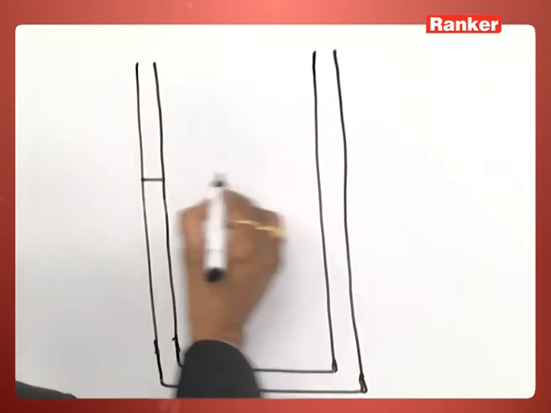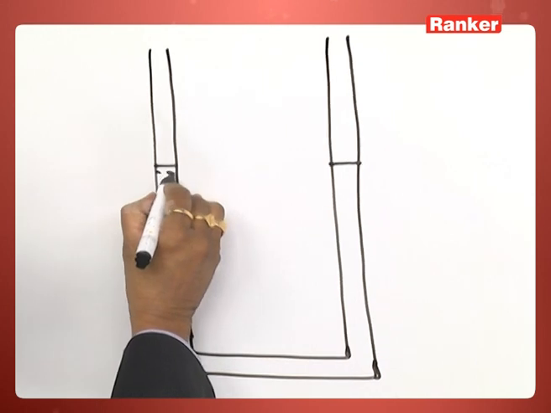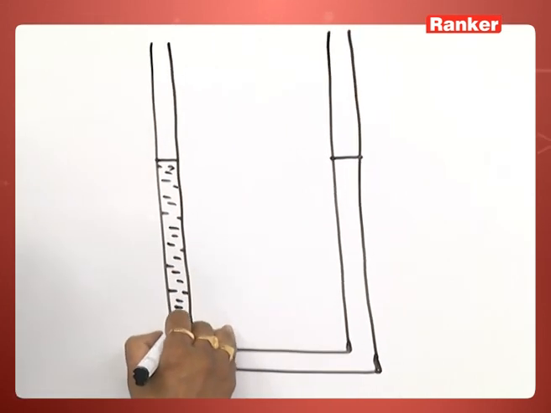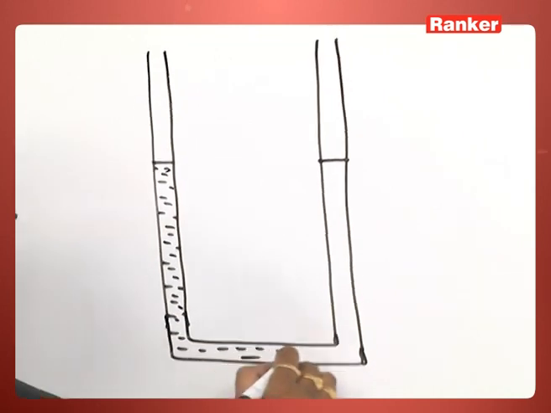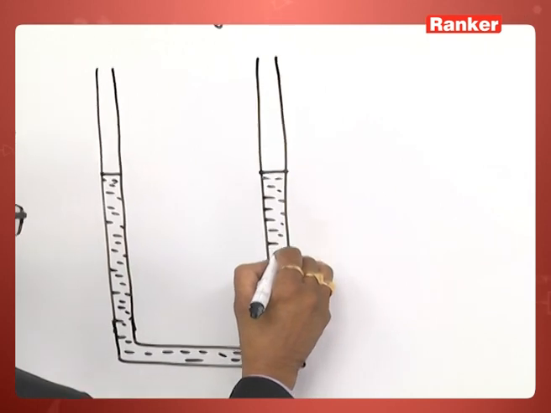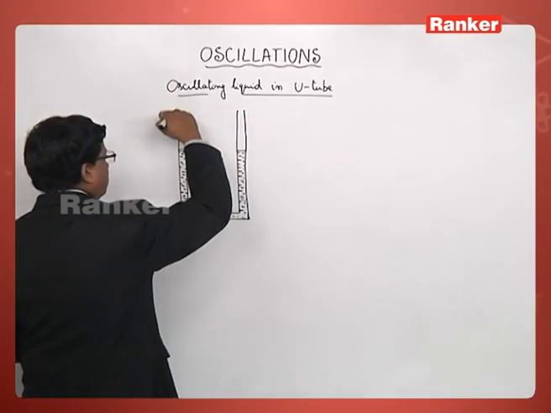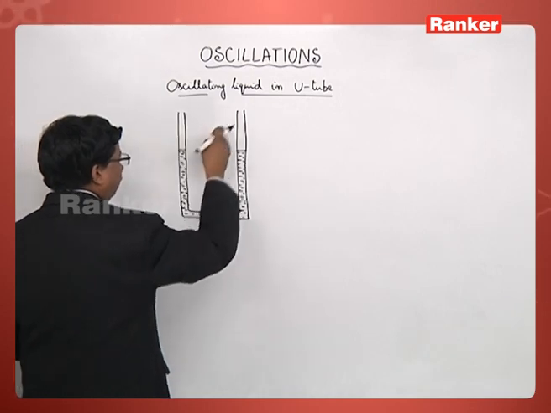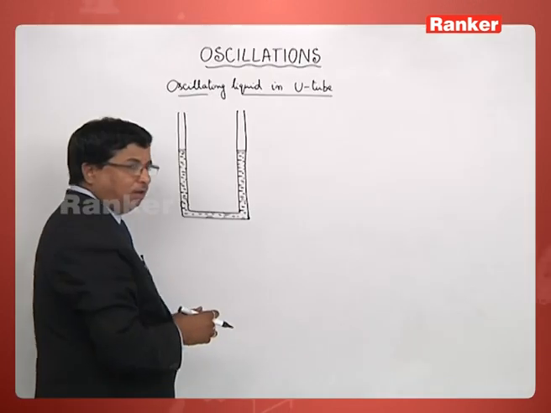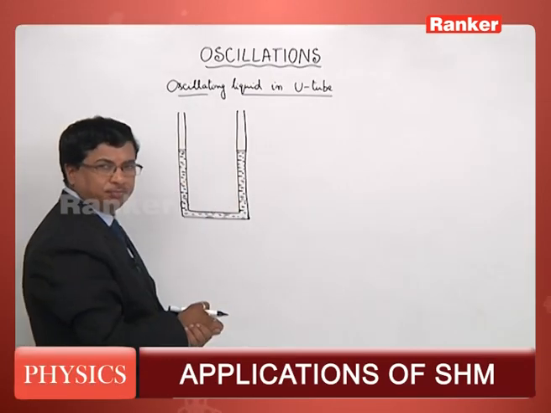Initially, the level of liquid in both the limbs is the same. This is all liquid now. Since both the ends are open to the atmosphere, whatever atmospheric pressure acts on this one, the same atmospheric pressure acts on the other one as well. Therefore, both the liquid levels are going to be equal. They will be the same.